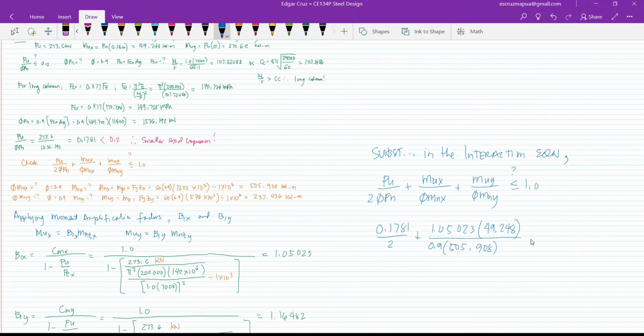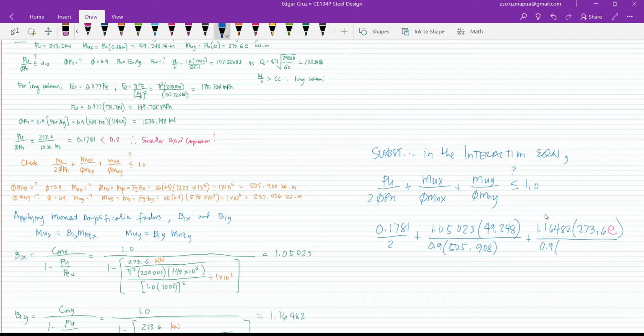Okay, then the last term would be MUY. Yung MUY natin would be B1Y 1.16482 times yung NT natin, no? So dun sa MUY, yun yung 273.6 times E. So yung E yun yung unknown. Yan yung unknown. Divided by phi is 0.9 for flexure again times MNY.